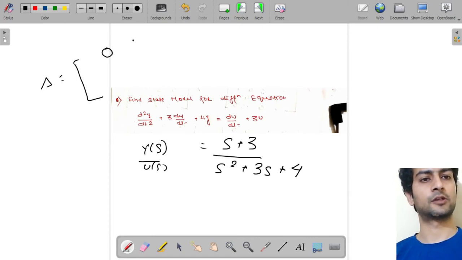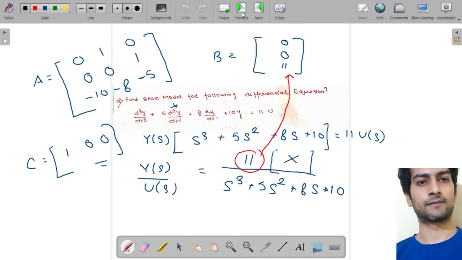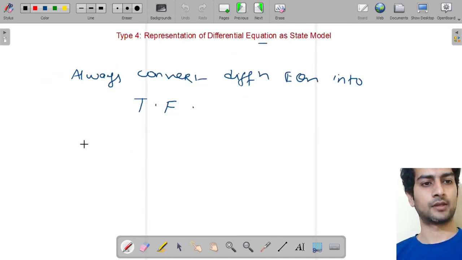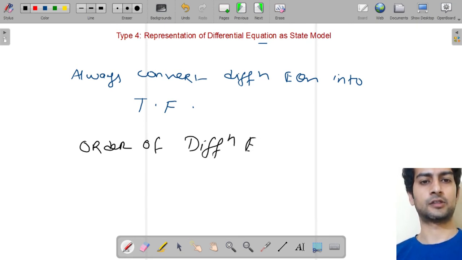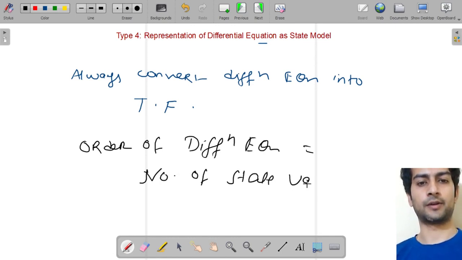My matrix A will be 0 1. It is order 2. Order of differential equation is equal to number of state variables. Important.